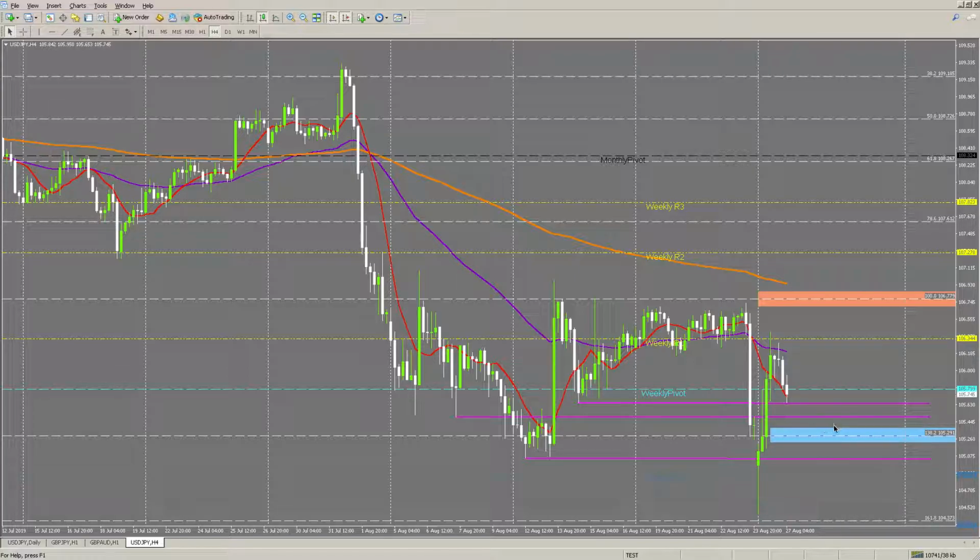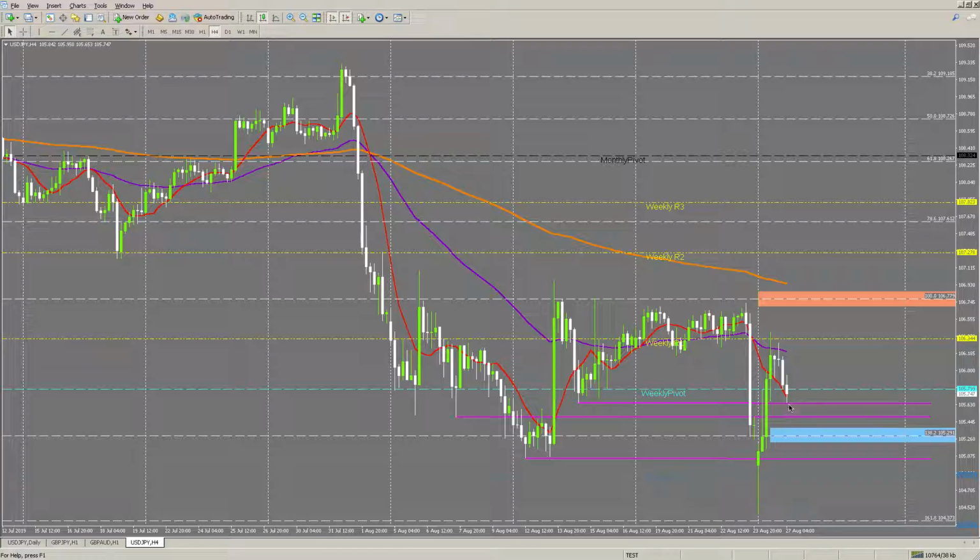If it does dip a bit lower, there could be a potential area of support here, right at this doji where it closed at the end of last Friday at 105.40. So there's a potential buy zone from the 105.50 to 105.65 area. So 50 pip buy zone.